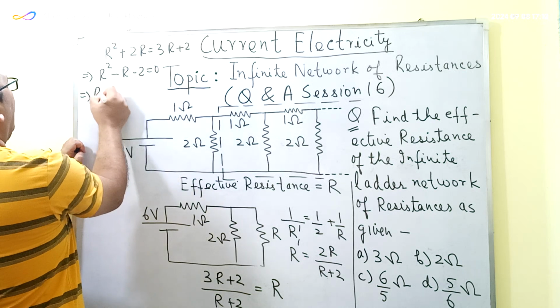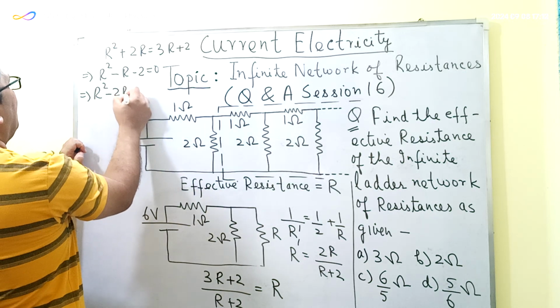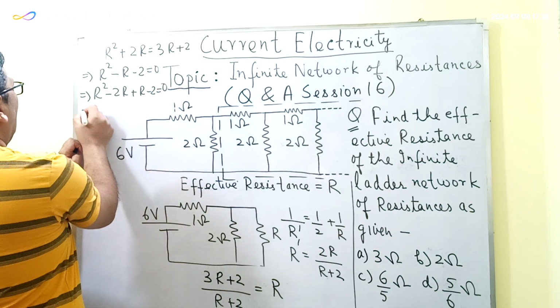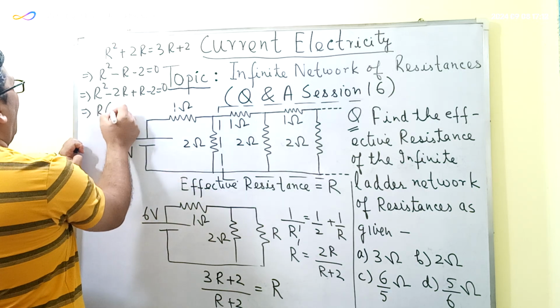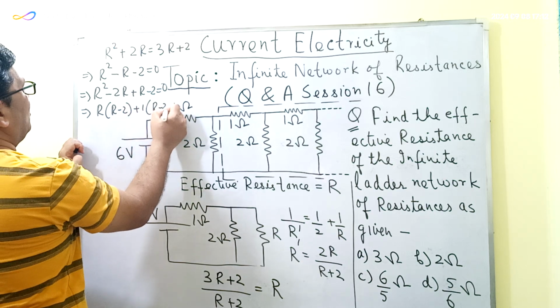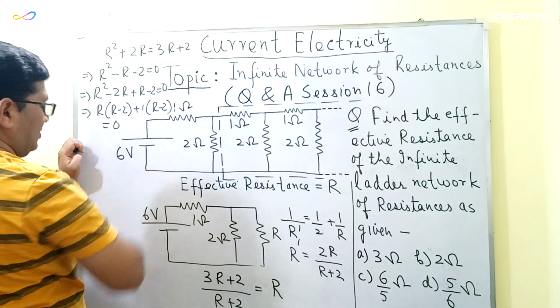From here we can write R square minus 2R plus R minus 2 equal to 0, or simply R minus 2 times R plus 1 equal to 0.